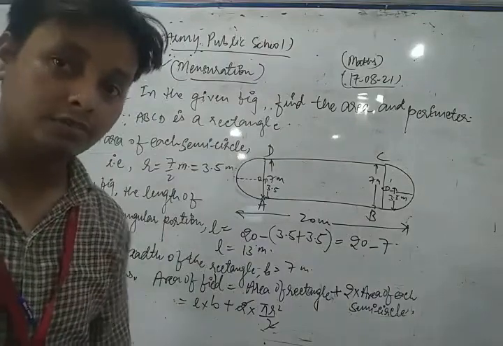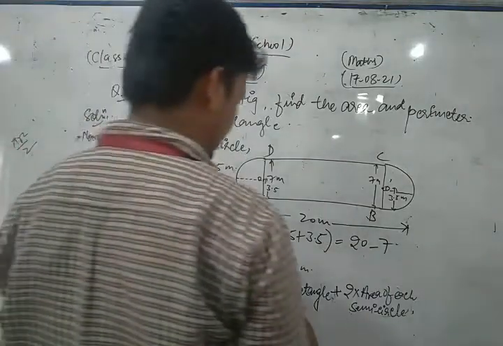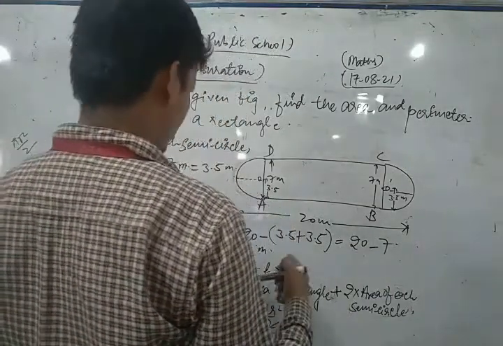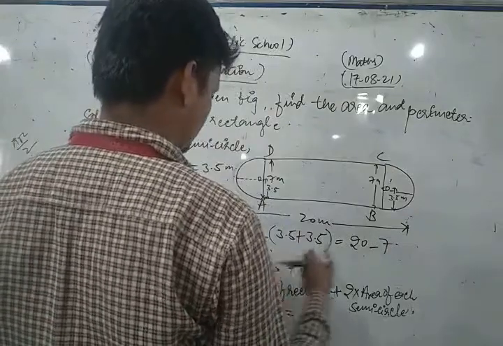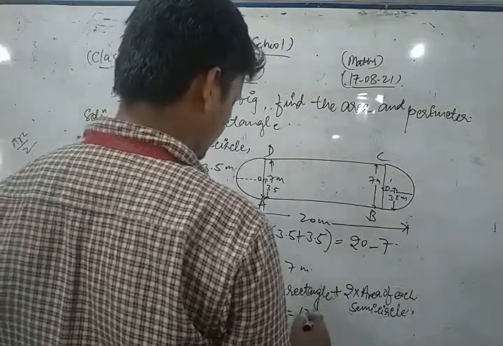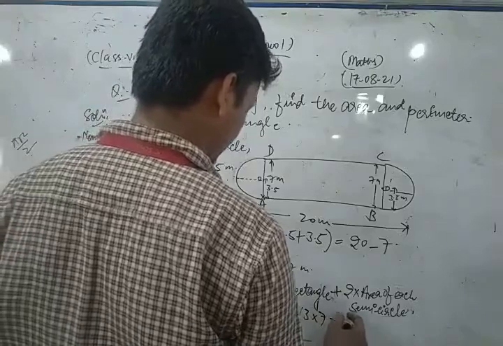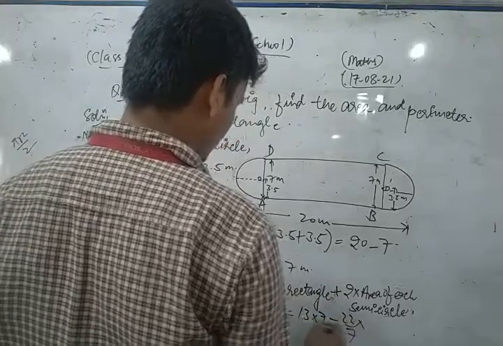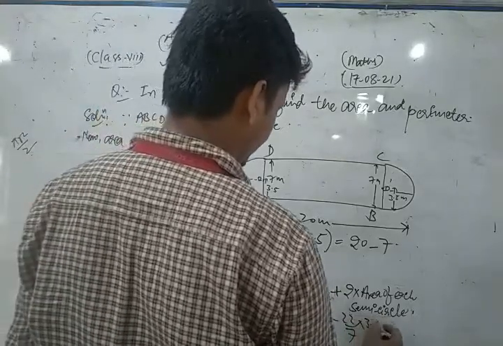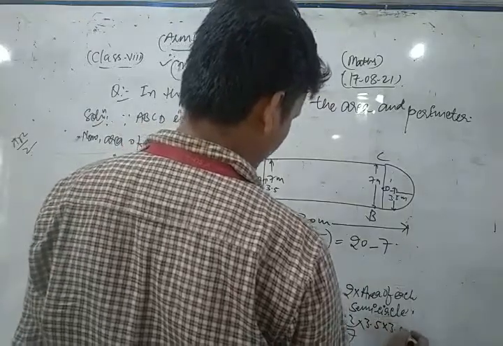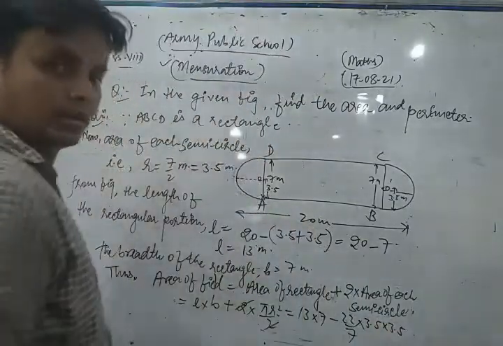Now we put the values. L is what? 13. This is 7 minus 5. This is 22 upon 7 r square. This is 3.5 into 3.5. Okay.